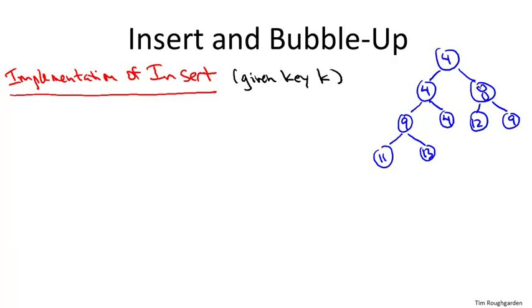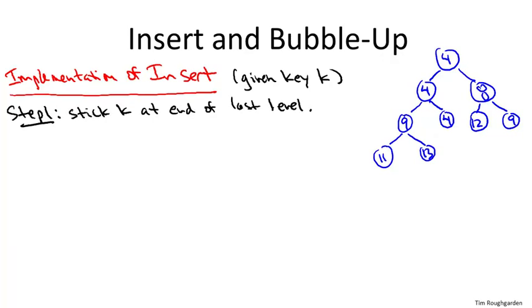That is, it's going to be the new rightmost leaf on the bottom level. Or in terms of the array implementation, we just stick it in the first non-empty slot in the array. And if we keep track of the array size, we can in constant time, of course, know where to put the new key.